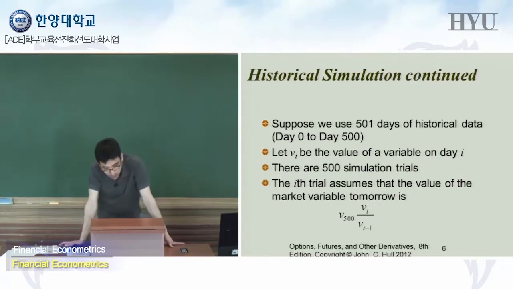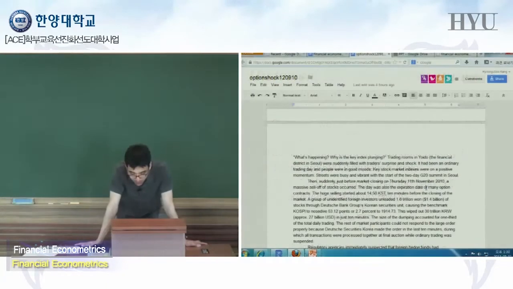Again, for historical simulation, on Thursday, 11th September 2010, a massive sell-off of stock occurred. Suddenly, massive sell orders arrived. The day happened to also be the expiration date of many option contracts. The huge selling started about 14:50 Korean time, just 10 minutes before the closing of the market.